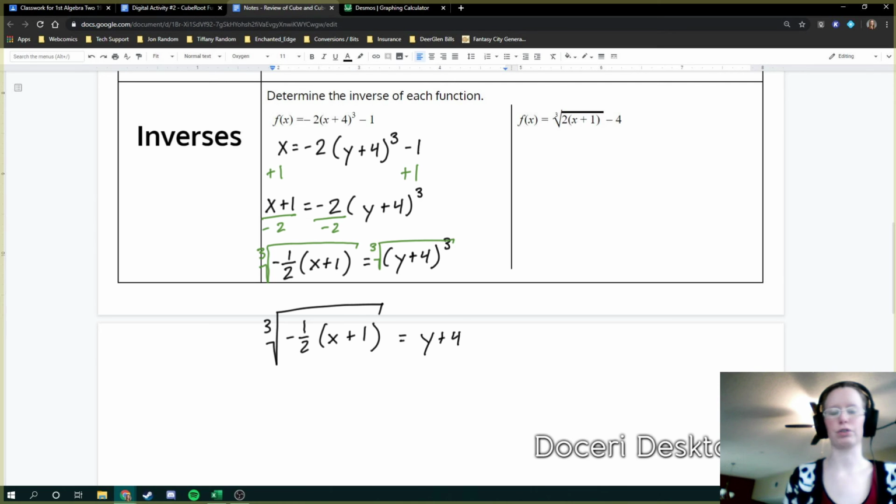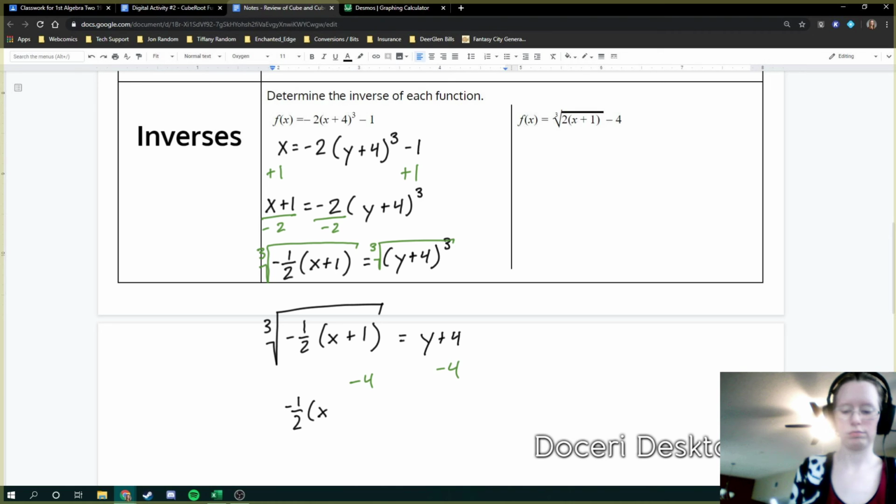And then I'll subtract over the 4 to the other side. Oops. -4 equals y. There we go.